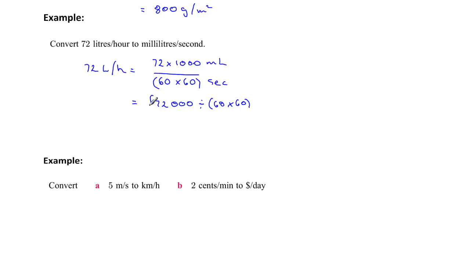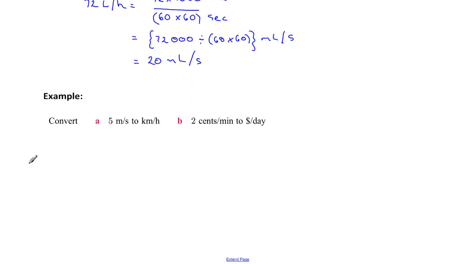So all of this, when that's worked out, gives us our answer in millilitres per second. So our answer here is 20. When you use a calculator, you'll see this, 20 millilitres per second.